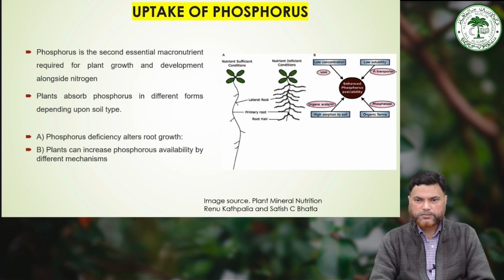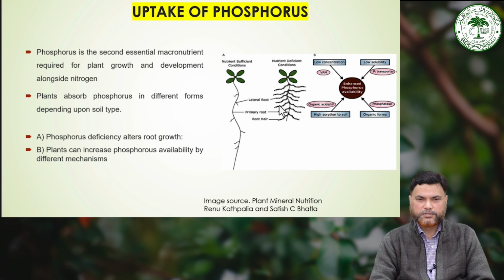The importance of phosphorus can be further strengthened with the help of this figure. You see in the slide there are two plants. One is having a long root, that is A, and another plant having a well developed root.